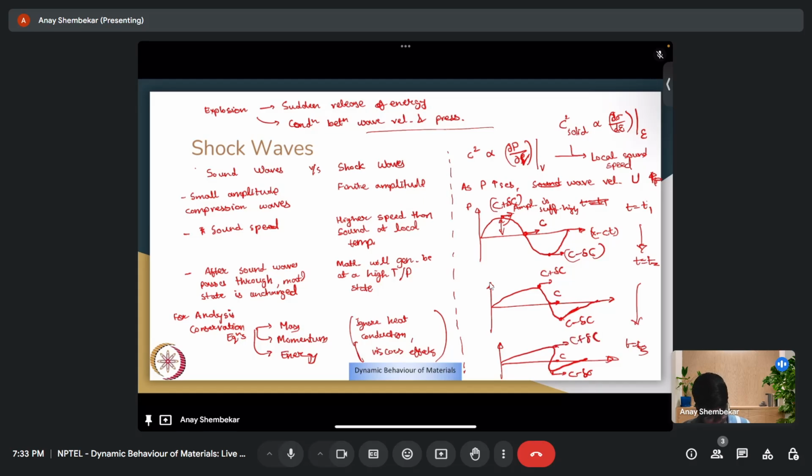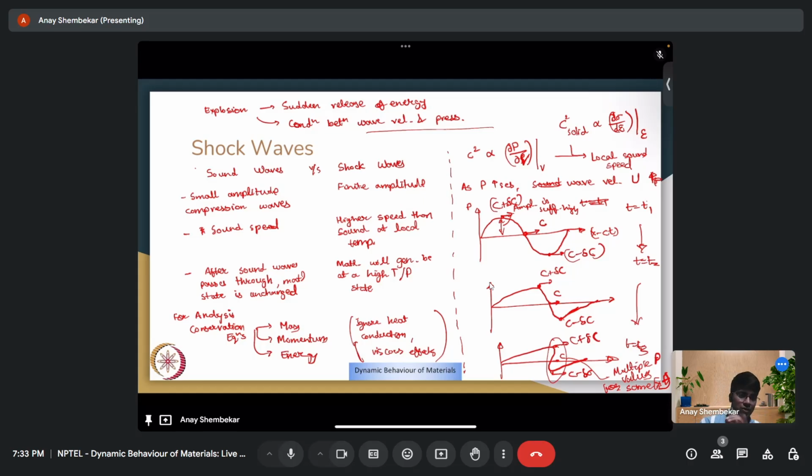This inversion is unphysical because it gives multiple pressure values for the same location. That is not possible because physically, at any given point and at any given instant of time, you'll only have one pressure value.